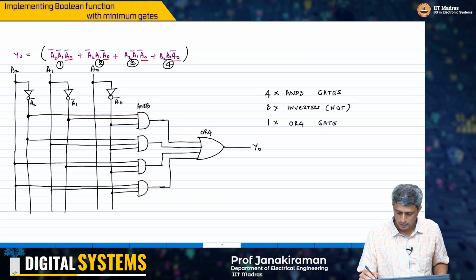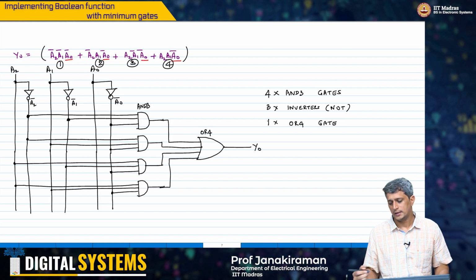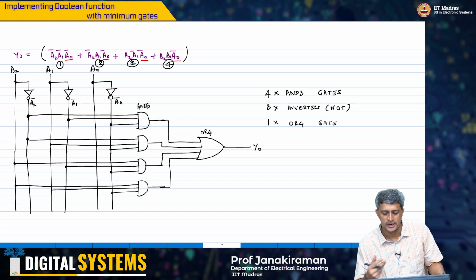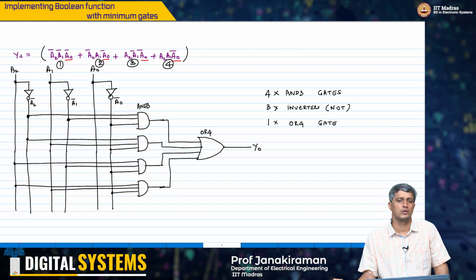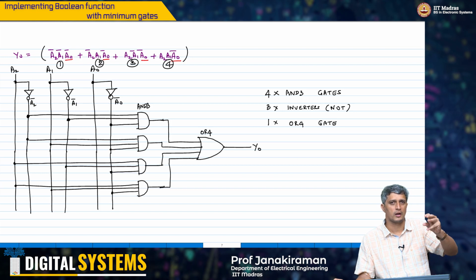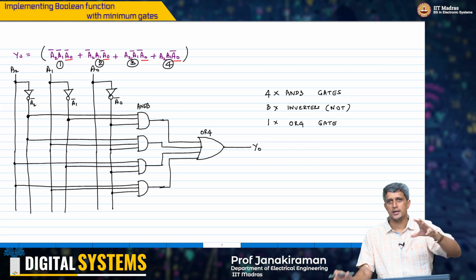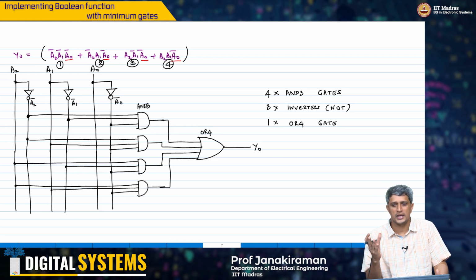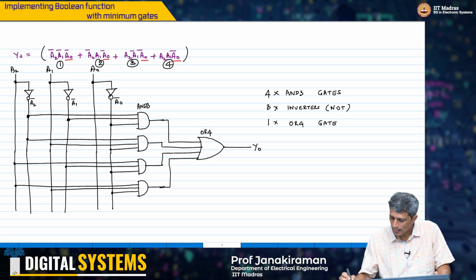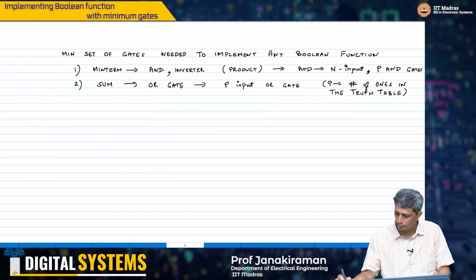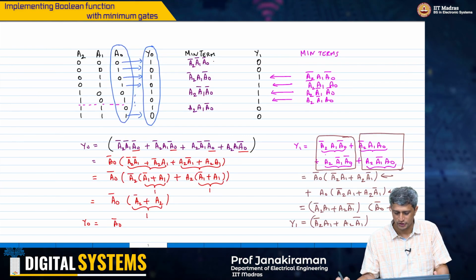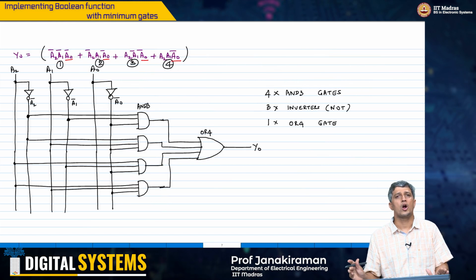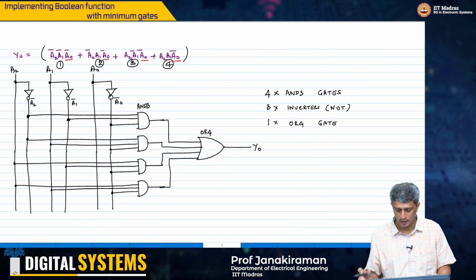So it's like 4 plus 3 plus 1, the number of resources I needed is about 8 gates, if I don't differentiate between an inverter, an AND and an OR gate in terms of their area. I'm just going to say I need 8 gates, okay? But based on the Boolean simplification, we found y0 was simply A0 bar.